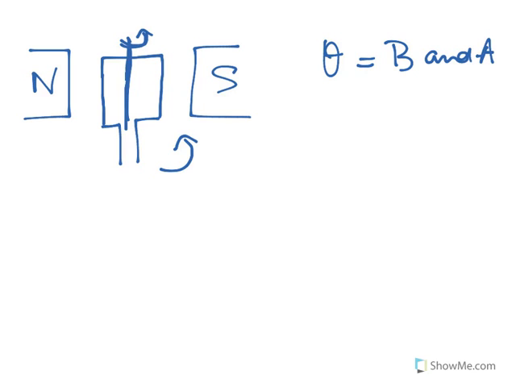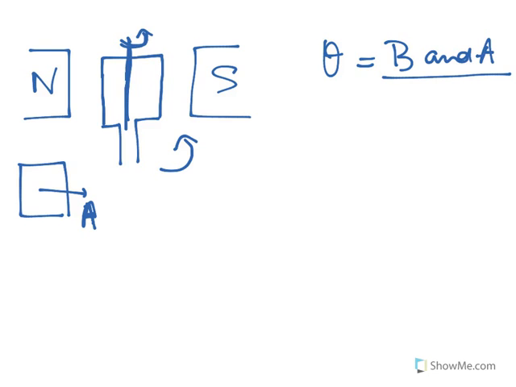The direction of A is always perpendicular to the plane of the coil.